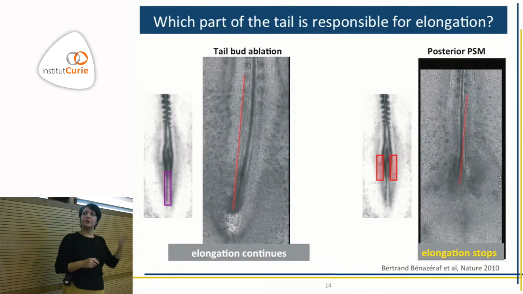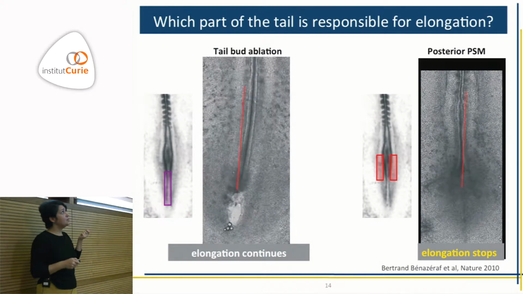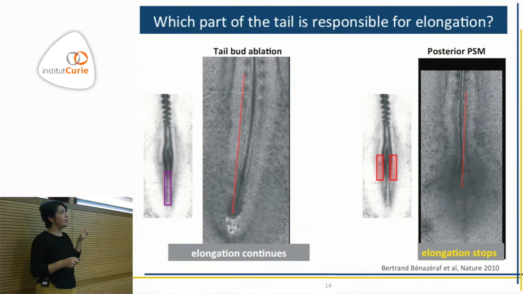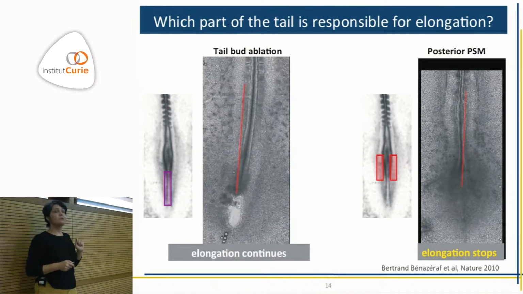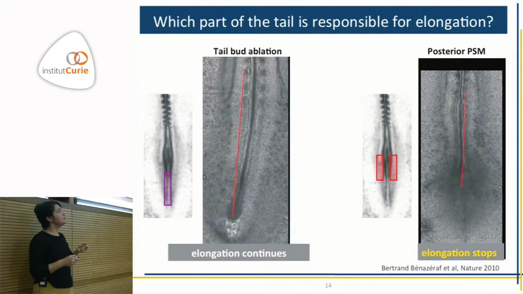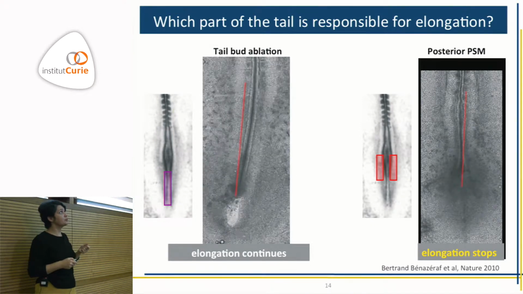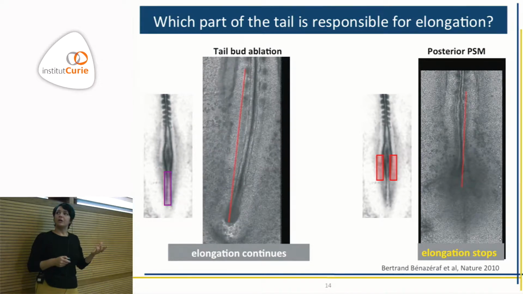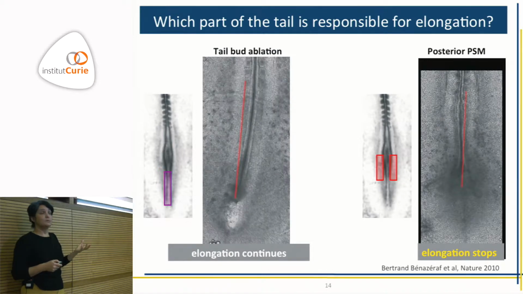So for this, he did a conceptually easy experiment, which was a laser ablation, and he put a gel in the incision that he made, and he looked at how the embryo grows without having that tissue present. So if he ablated the axial posterior part, the tail bud region, he saw that the embryo doesn't feel it that much, so it still continues elongating almost at the normal speed.